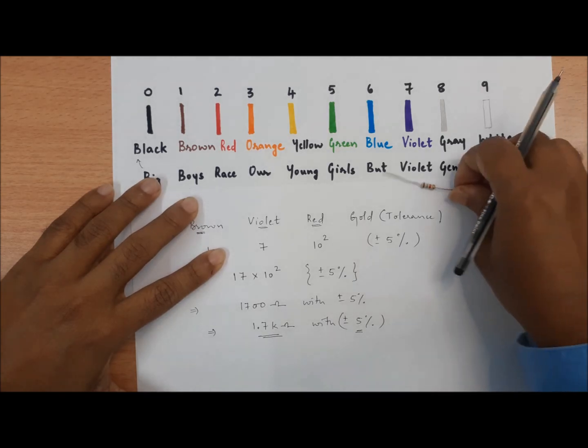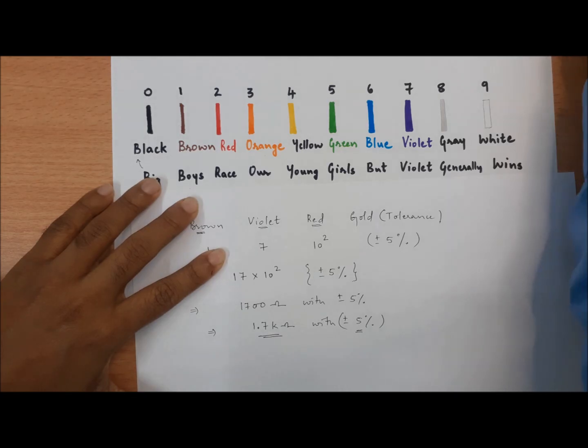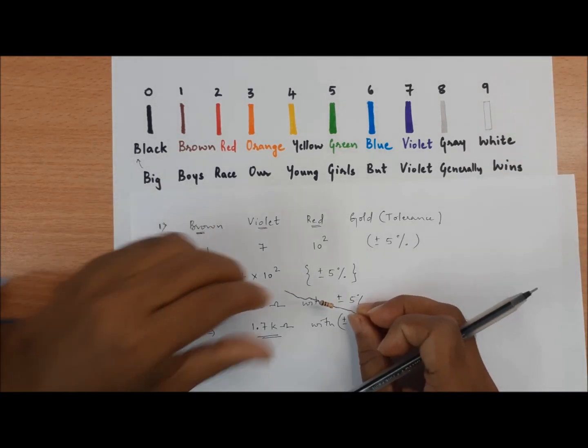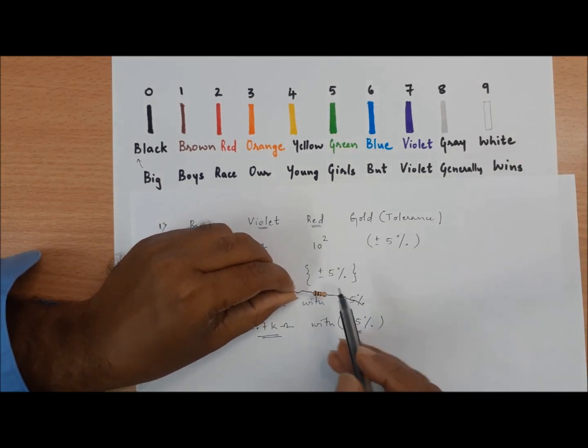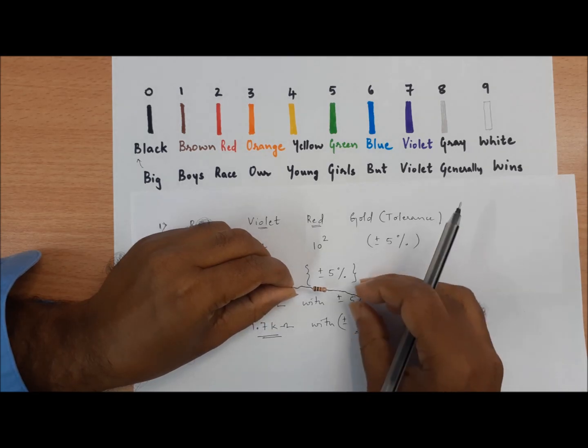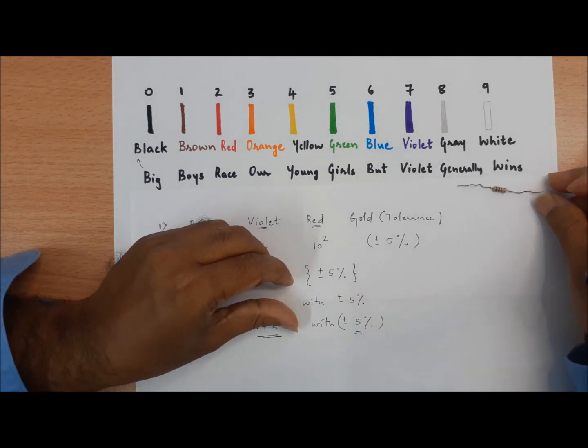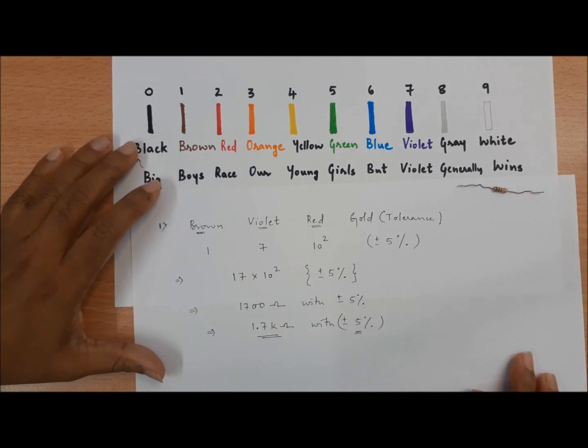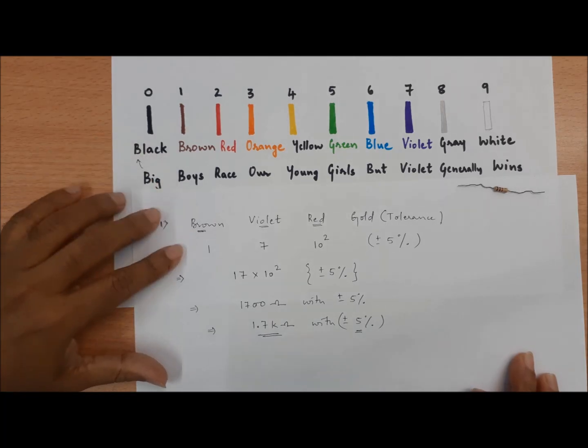Similarly, let me take another resistor which also has got 4 bands. The first one is brown, black, red, and finally gold. So similar to the previous example, let me try to find its resistance value.